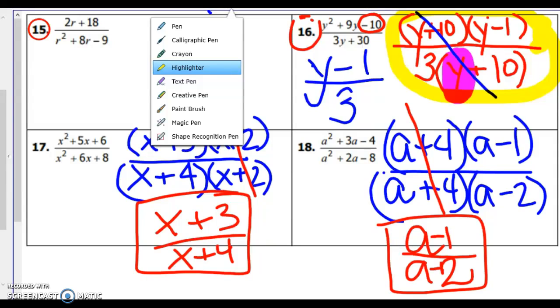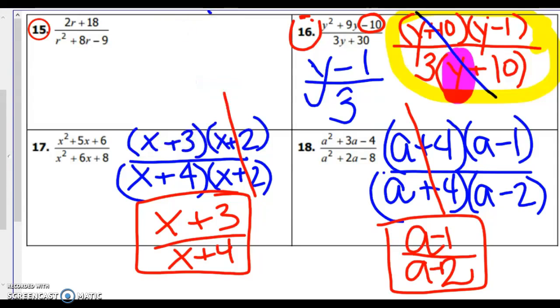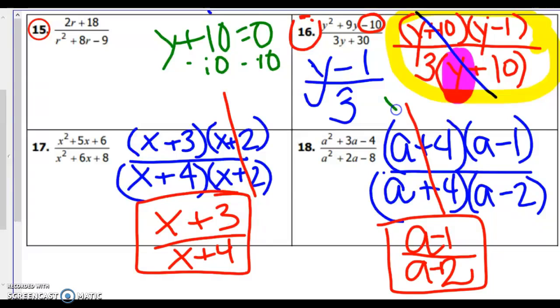And so I have y plus 10. If I have y plus 10, what makes that equal to 0? Whatever that is, that's going to be a problem. So minus 10, minus 10. So y cannot be -10. That's my excluded value, because if y was -10, the bottom would be 0, and then you would have an asymptote in there, or maybe a hole in this case.